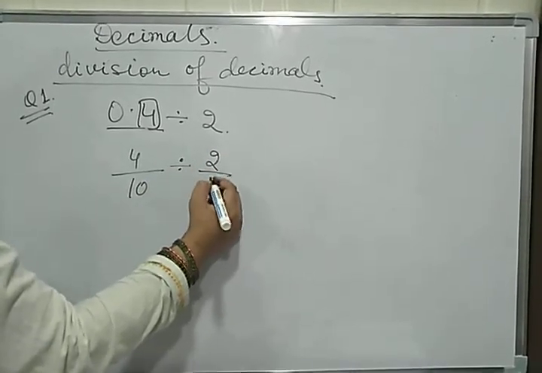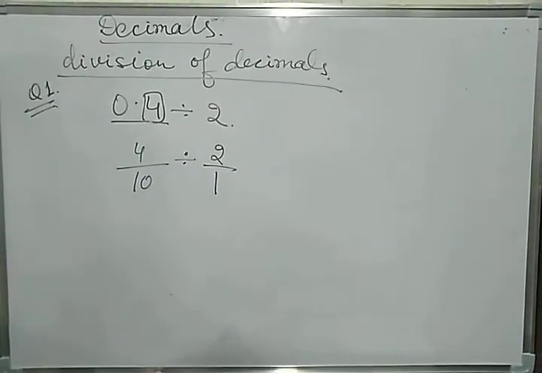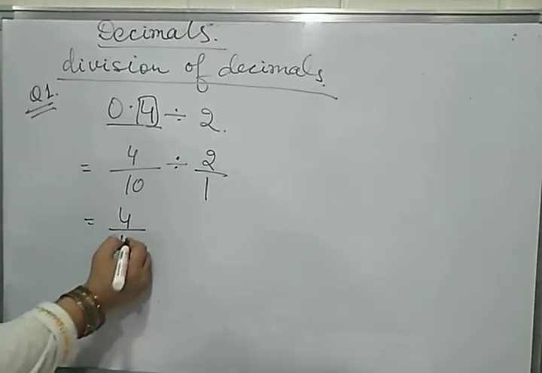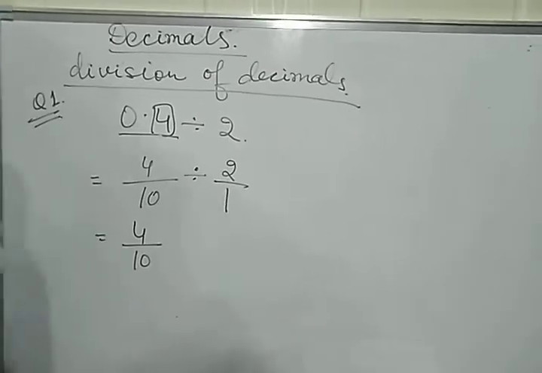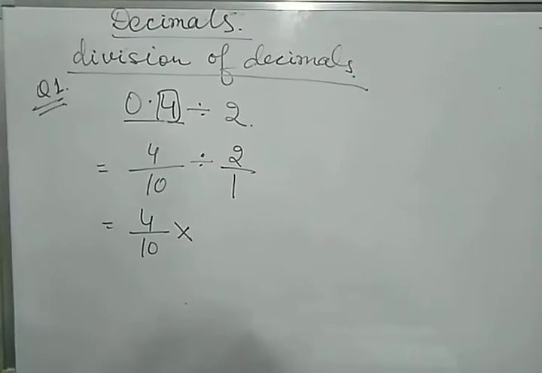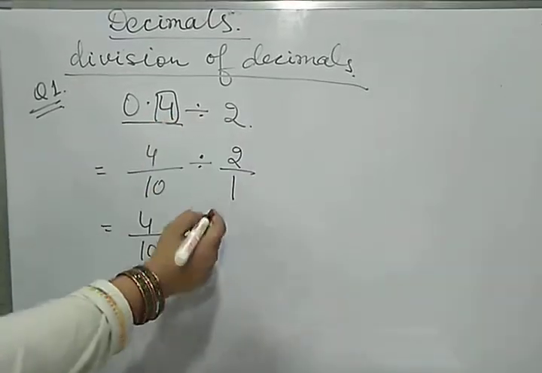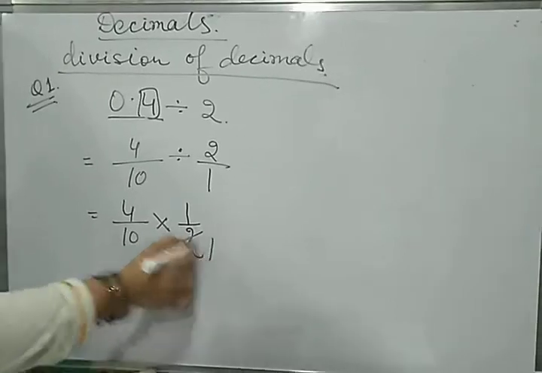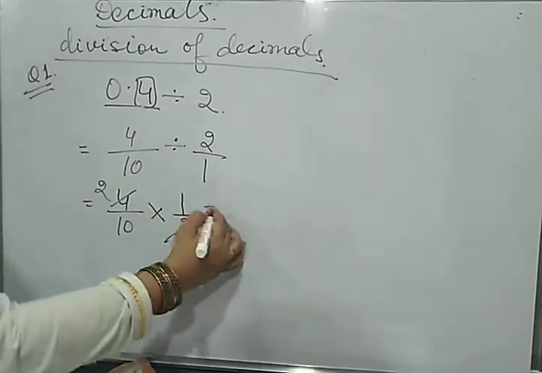Divide by 2 upon 1, we can write 2 as 2 upon 1. Now recall how we divide the fraction numbers. First we will carry the number as it is, then we will convert the sign of division into multiplication. Then we will write the reciprocal of the next number. 2 upon 1 becomes 1 upon 2. 2 1s are 2, 2 2s are 4.